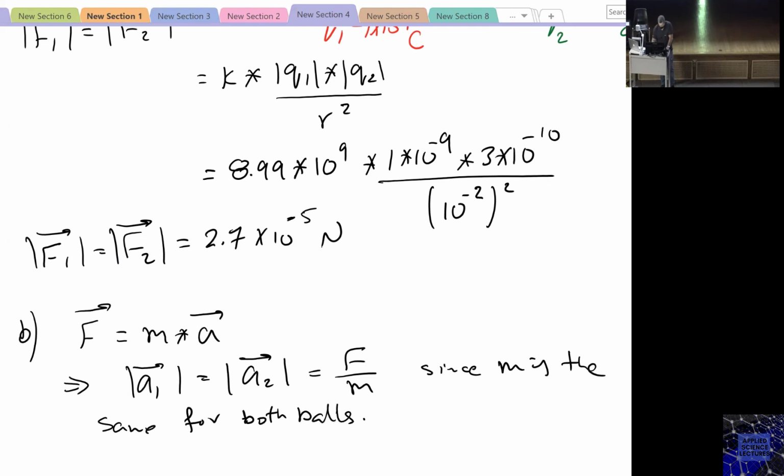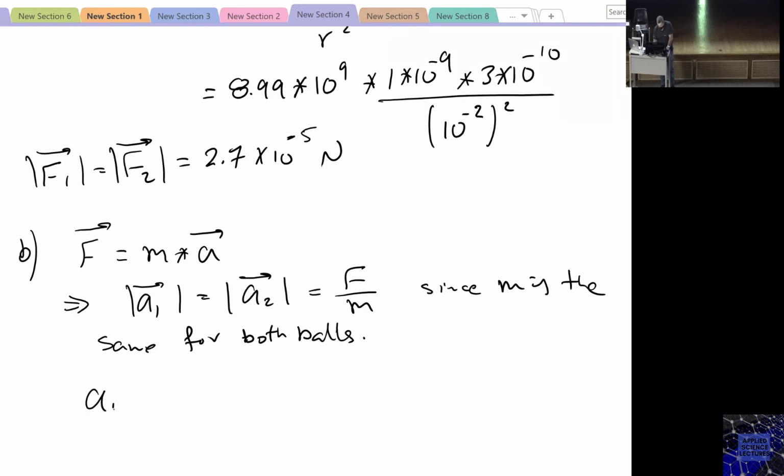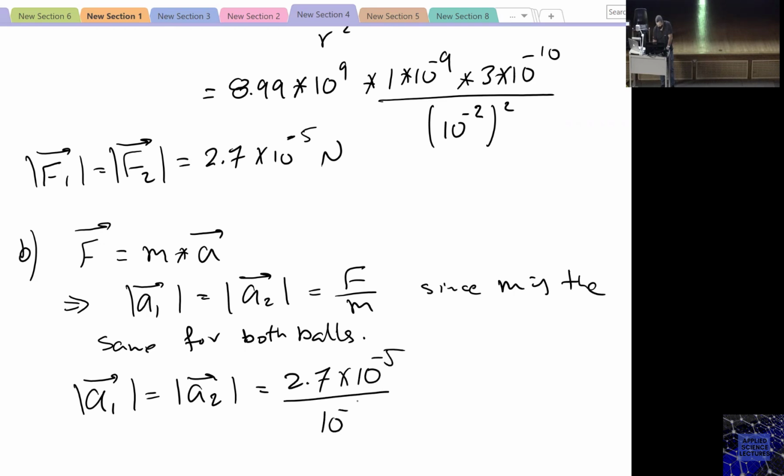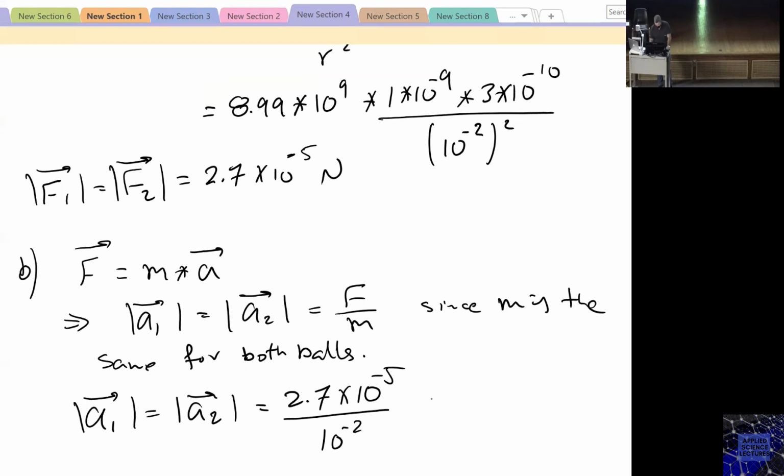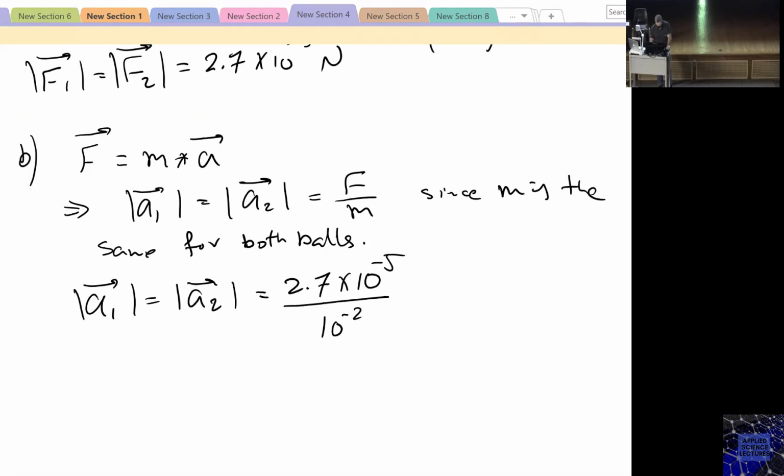So A1 magnitude equals A2 magnitude equals 2.7 10 to the power minus 5 divided by 10 to the power minus 2, which is 2.7 10 to the power minus 3 meter per second squared. So this is the acceleration.